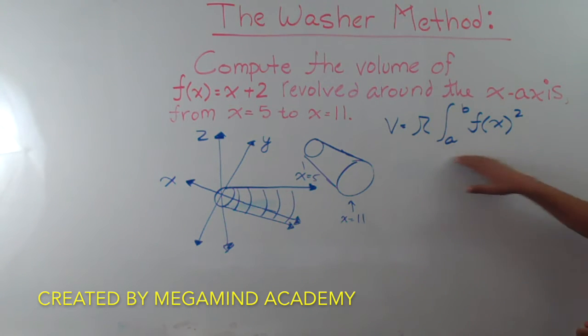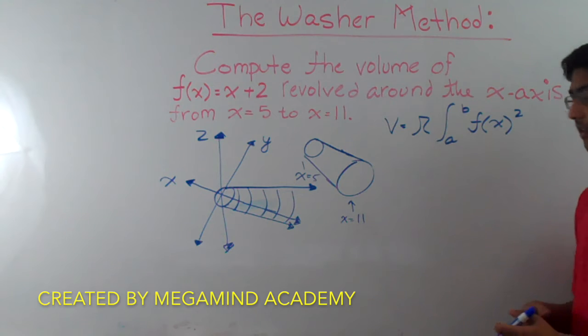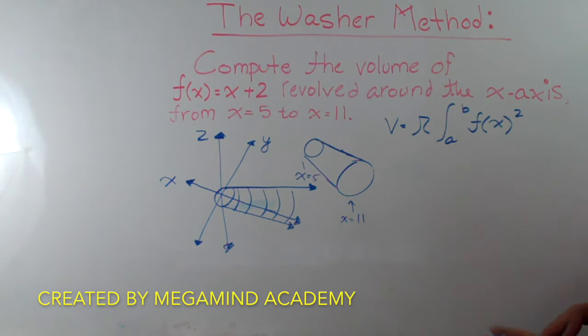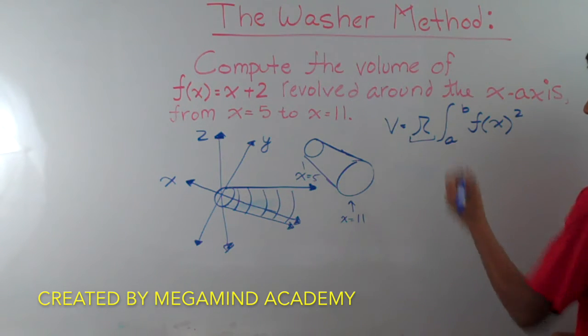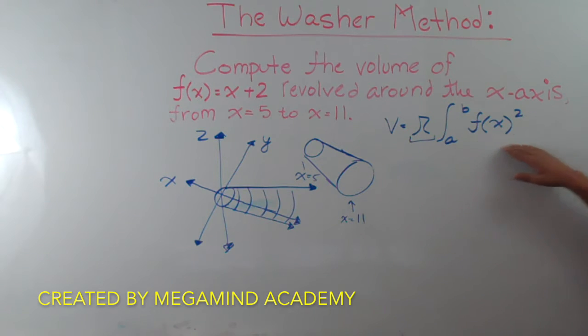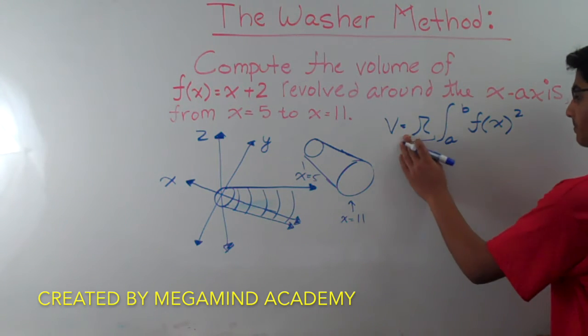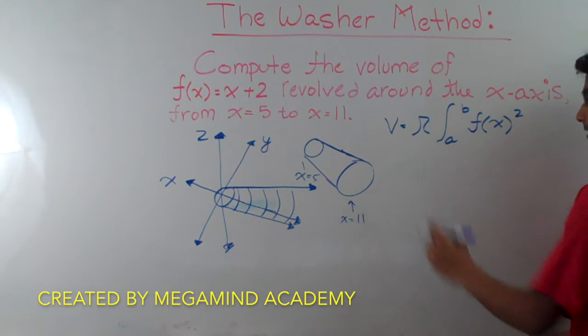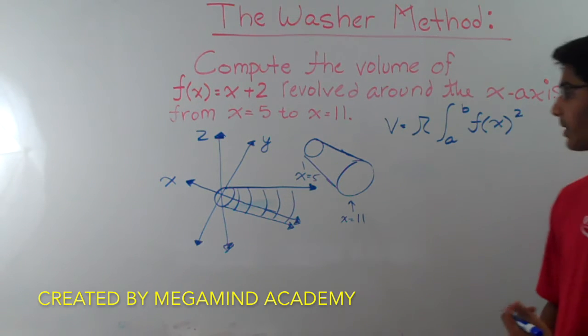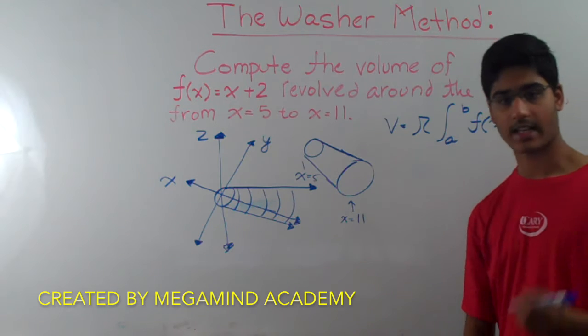So this is the formula for the washer method. Also, if you're not revolving it around the x-axis and you're doing something different, you do not need to include the pi, and you need to change whatever's in the integral a little bit, but there's still going to be an integral and an integrand.